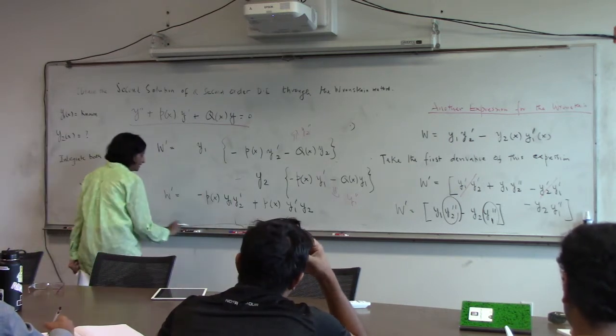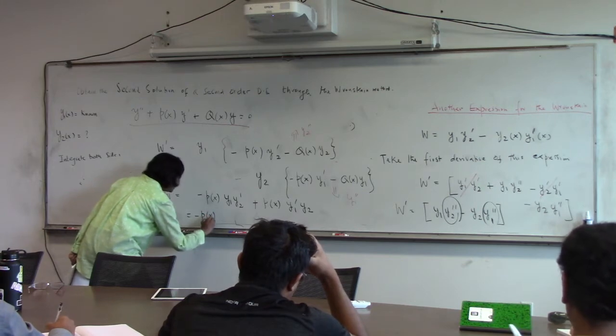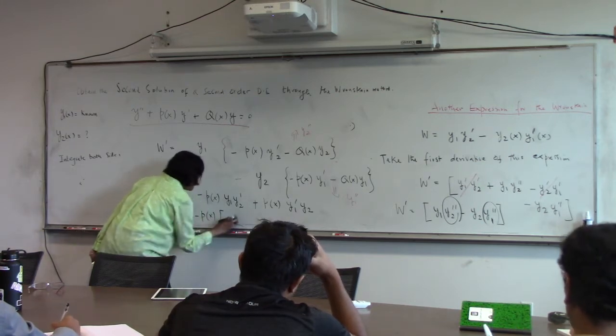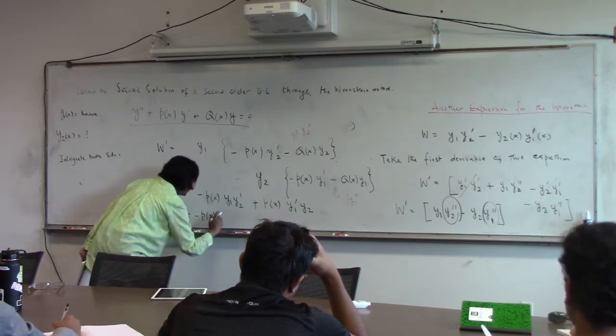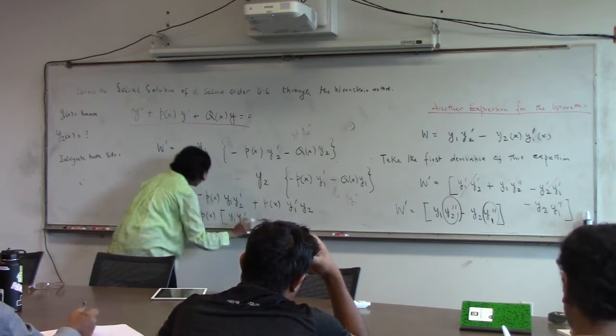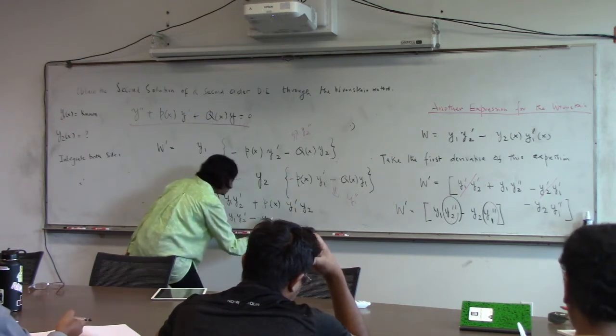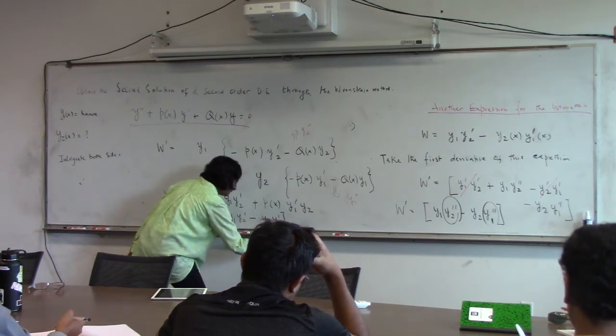I could in principle write this as minus p(x) times y1 y2 prime minus y2 y1 prime.